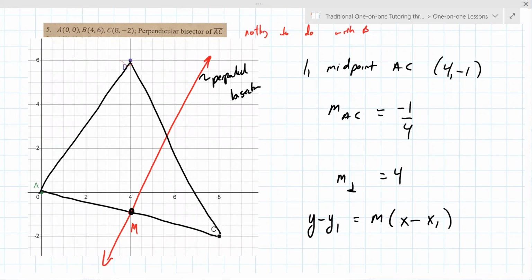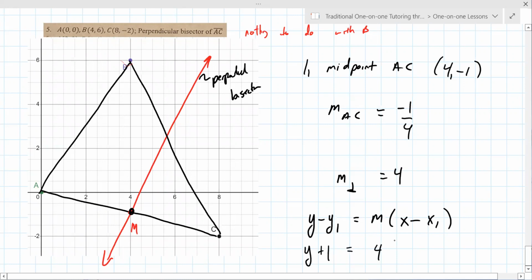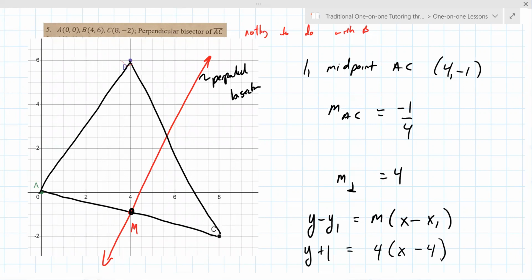All right, x1, y1. y plus 1 equals 4 times parentheses x minus 4. All right, looks good.